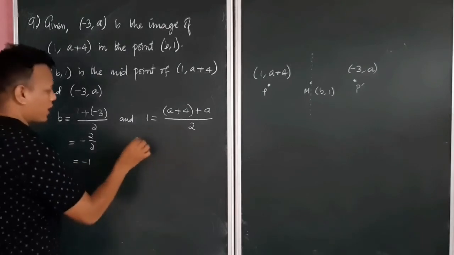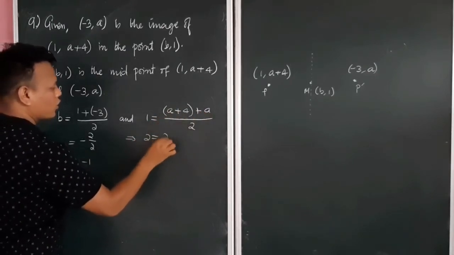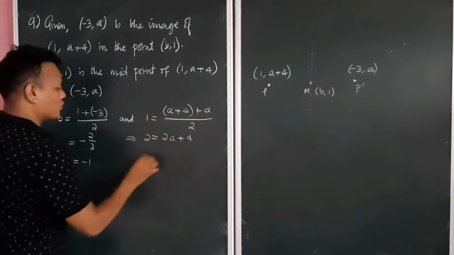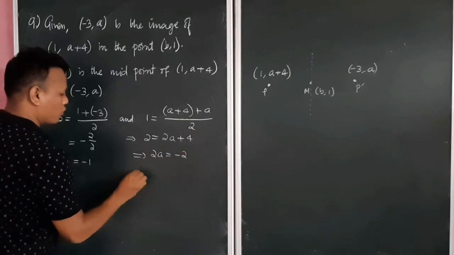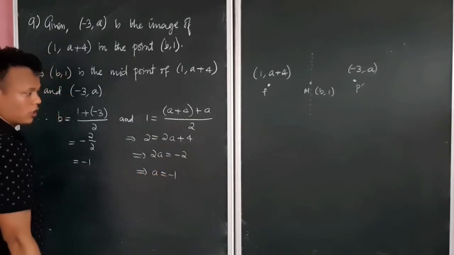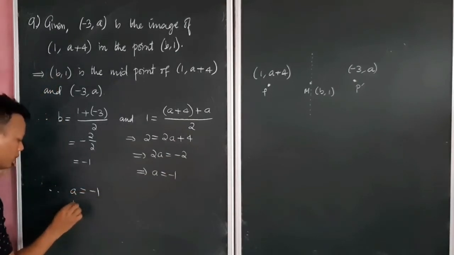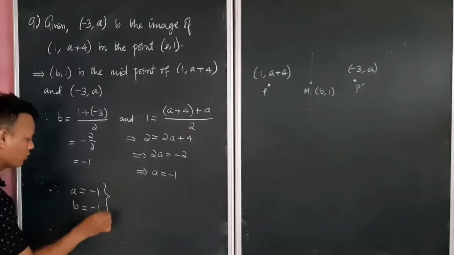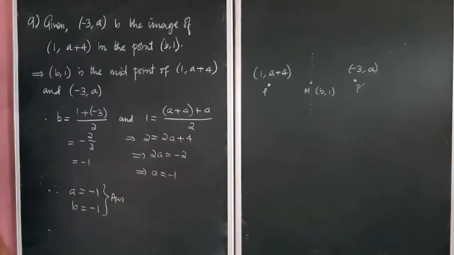And from here we have a plus a is 2a plus 4, so 2a is minus 2, therefore a is again minus 1. So a equals minus 1, b equals minus 1. These two give me my answer for this particular question. Pause the video to note down.